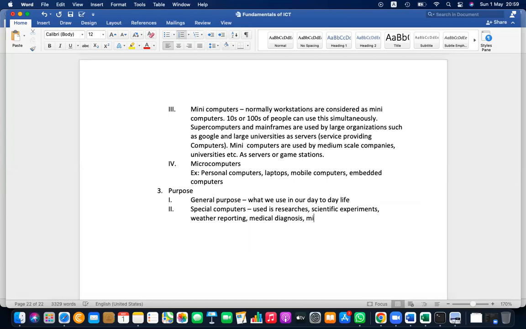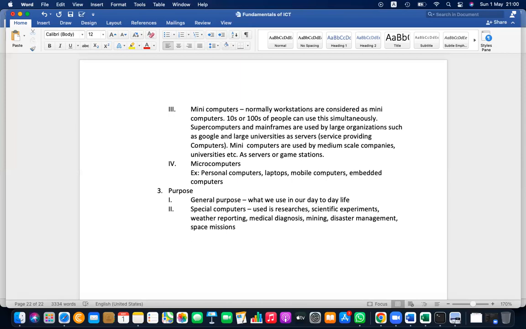Maybe mining industry computers, or disaster management, space missions, yes, space missions. So these are special purpose computers. Not to do some tasks like Word, Excel, photo editing. These have special tasks. So those are called special purpose computers.